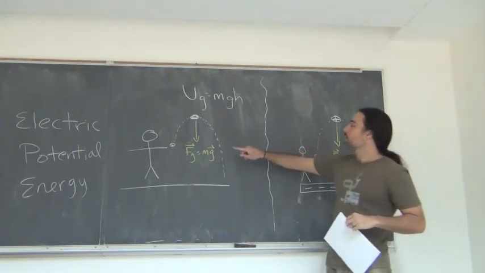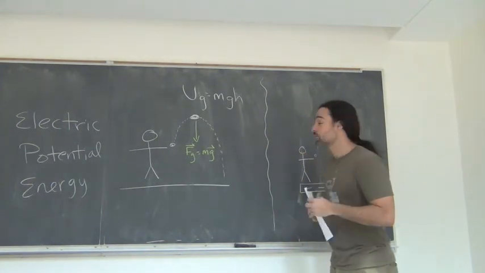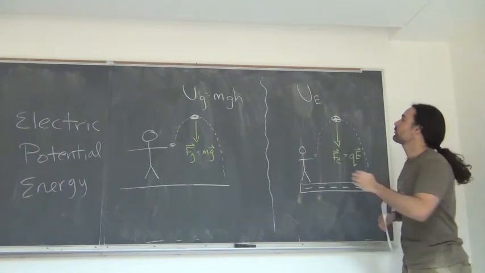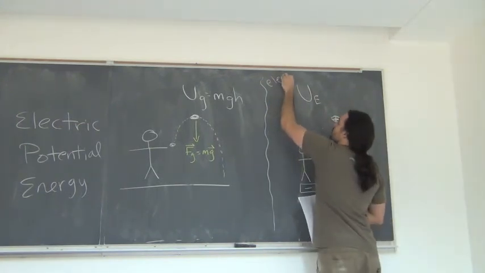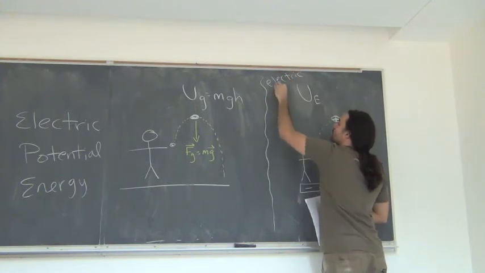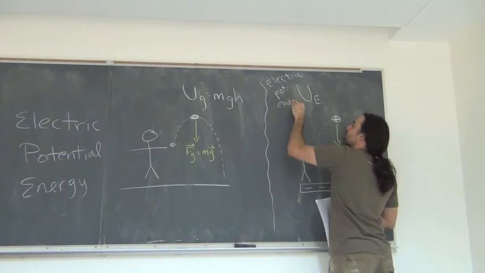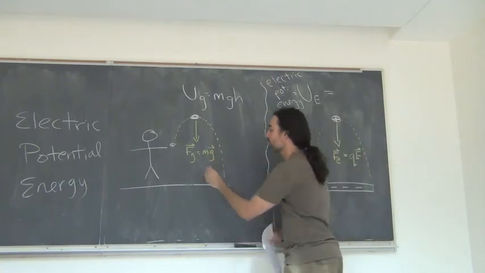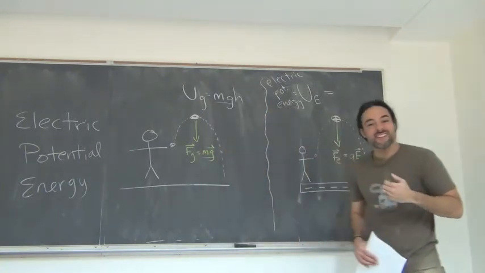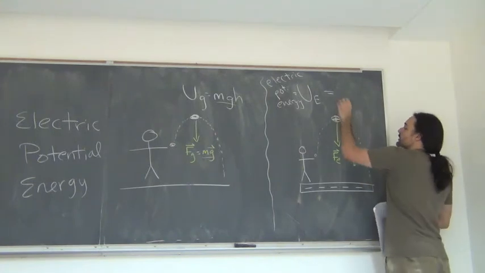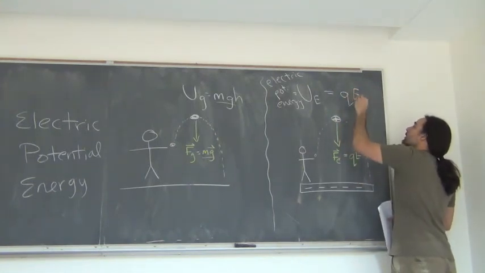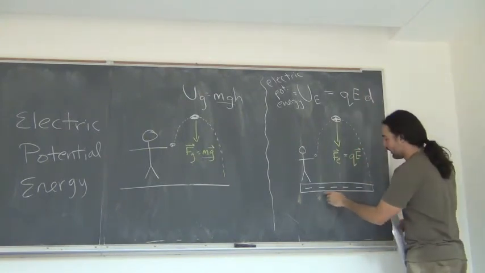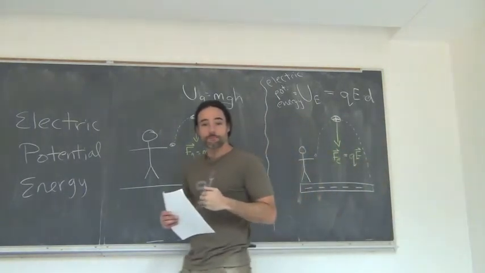So if we, by analogy, construct the electric potential energy, UE, all we did is we took the force mg and multiplied by the distance away from the Earth. Here, we're just going to take the force QE and multiply by the distance away from the negatively charged plate.